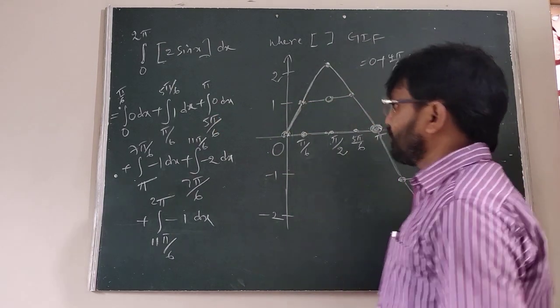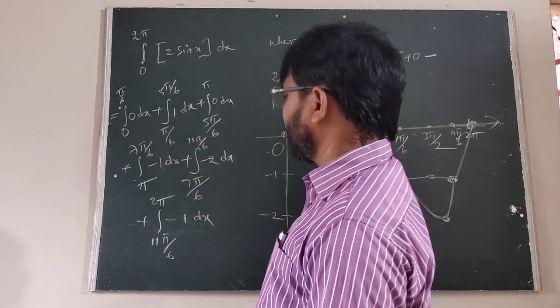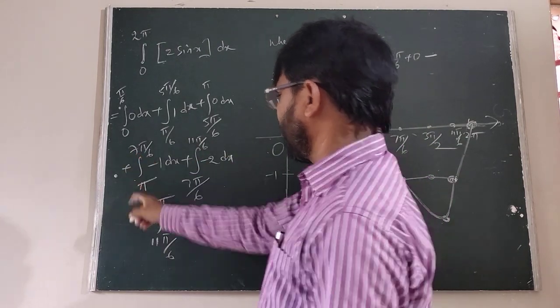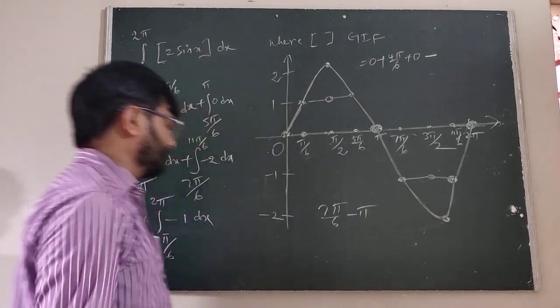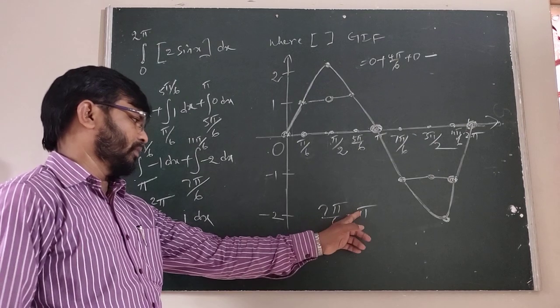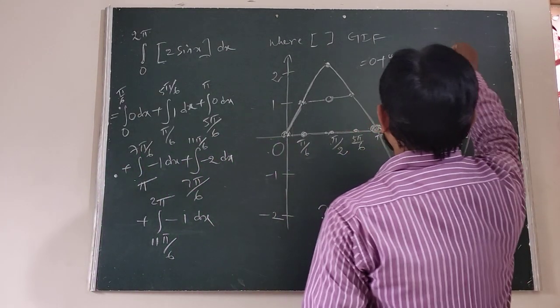Now this is 0, this is the minus x, minus of 7 pi by 6 minus pi. All of you listen here. How to write this is 7 pi by 6 minus pi. Therefore, this is 6 pi. 7 pi minus 6 pi is pi by 6. Is it clear?